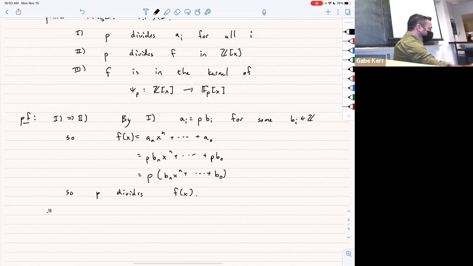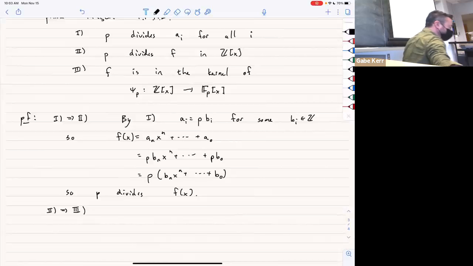Okay, so that 2 implies 3. If you have that p factored out like we do, mod p of p is going to be 0, so we're multiplying something by 0, so it's 0.